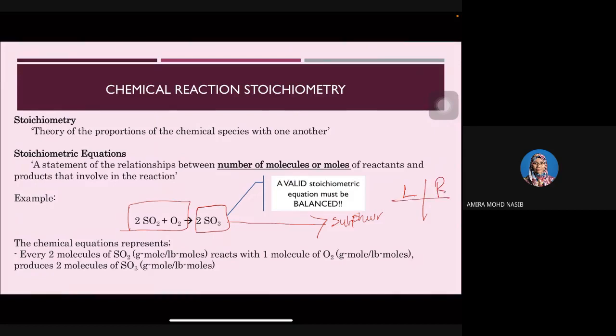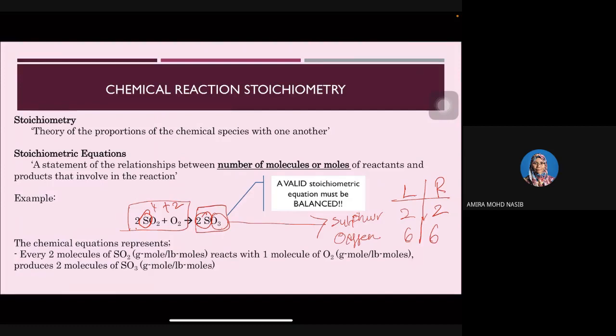So how much sulfur you have on your left hand side is 2. Meanwhile, for the right hand side, you also have 2. Meanwhile, for oxygen, you have 4 plus 2, so 6 on your left hand side, and 2 times 3, so you also have 6 oxygen on your right hand side. So this is a valid stoichiometric equation.